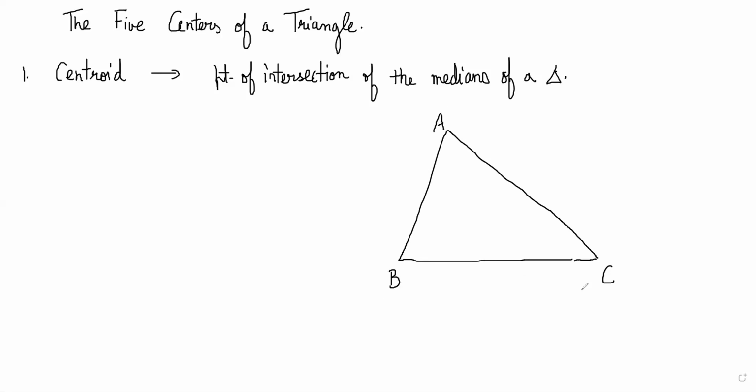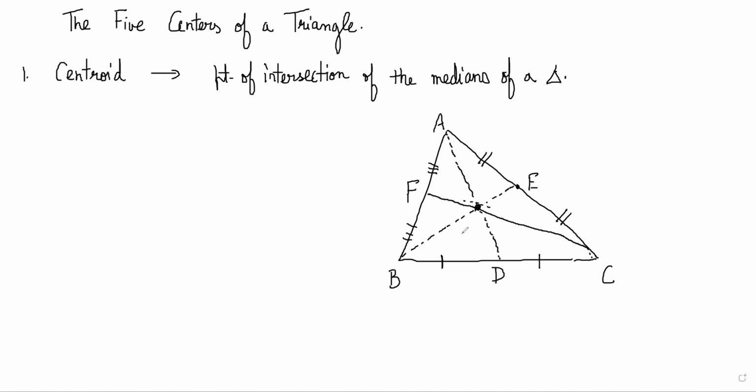A, B, C here, and you draw a line from A to the midpoint of BC, let's say D, which is the midpoint. This is the median from A. Similarly, median from B would be drawn like this to E, and the third median will pass through this common point, and will be from C to F. The figure is obviously not very accurate because I'm drawing it by hand, but it will be from C to F, and this is the point that bisects the side AB.